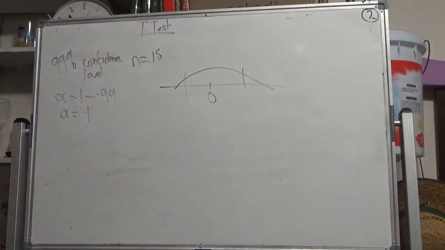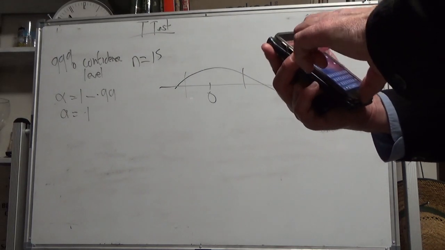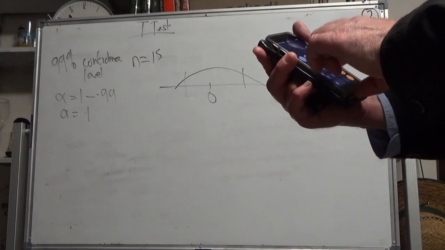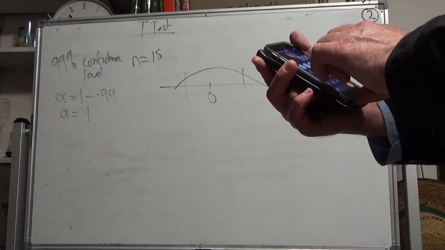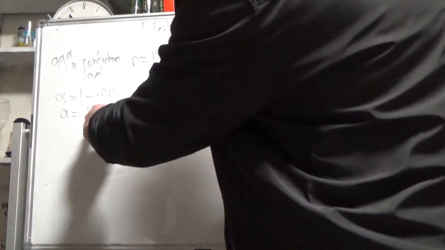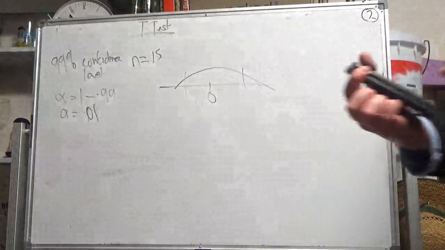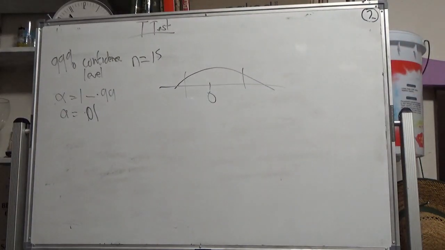I don't mind checking because we want to get the correct answer, obviously. 1 minus 0.99 is 0.01 actually. 0.1 would be 10%, that's 90% confidence, so 0.01 is the alpha value. Sorry about that.